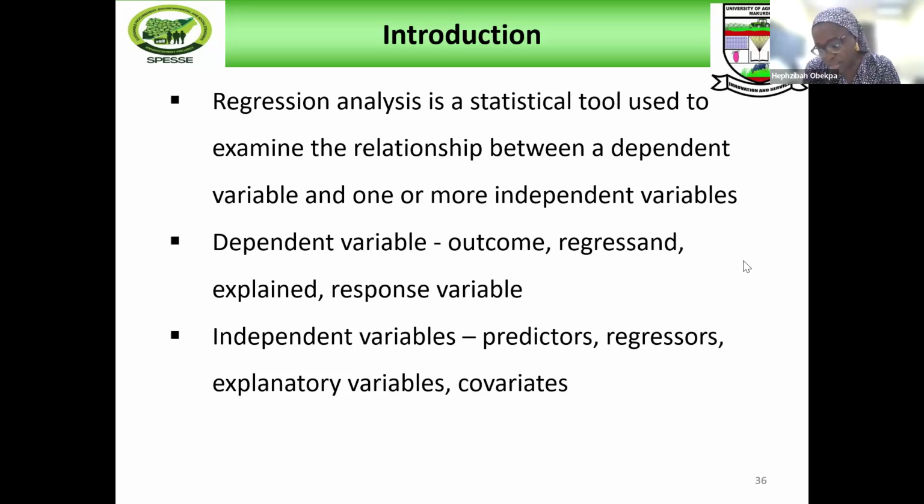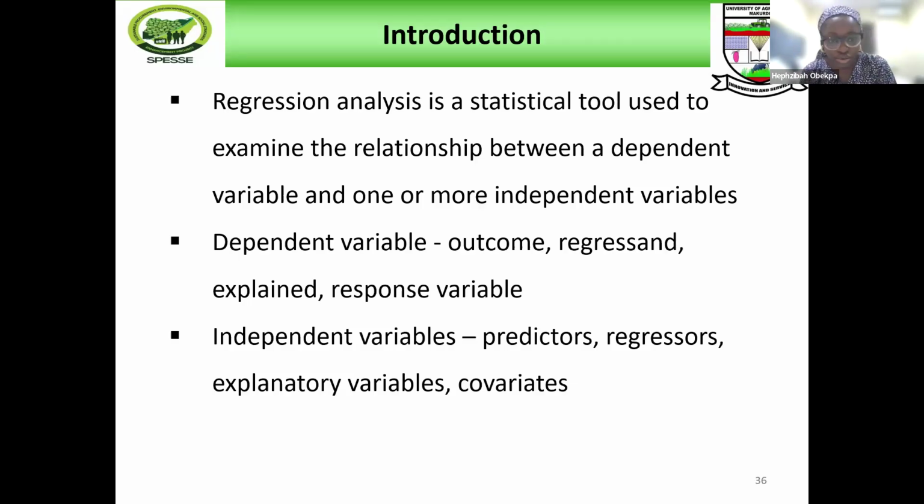All right. So earlier I said regression is a statistical tool that we use to examine the relationship between a dependent and independent variable or variables. Basically, regression is used to predict. You know how we have prophets who see into the future; some people call them seers.